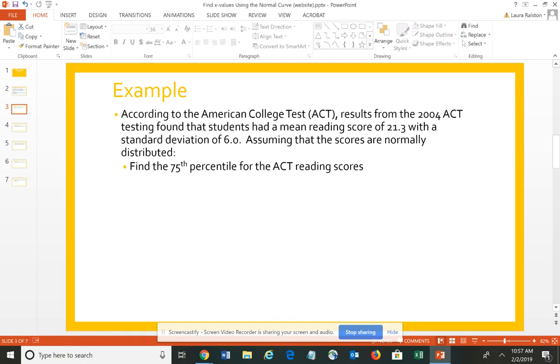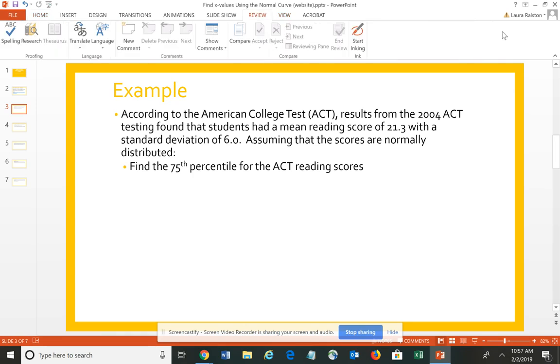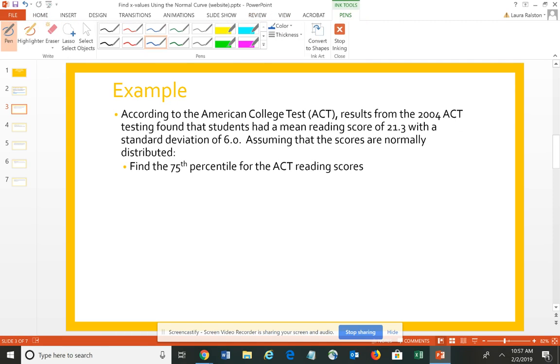But as you're looking at this problem, notice that they do have to tell us that it is normally distributed. We have to know the distribution is normally distributed. We have to know the mean of the distribution, which is given, and we have to know the standard deviation.